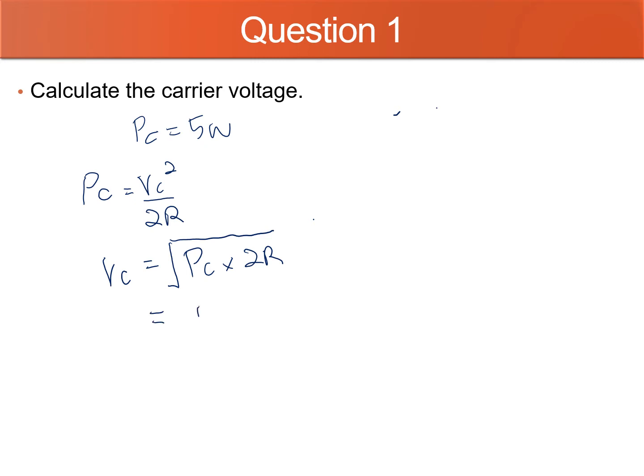Substitute the information, 5 times 2 times 50 ohm. Now we get the value of Vc is equal to 22.36 volt.